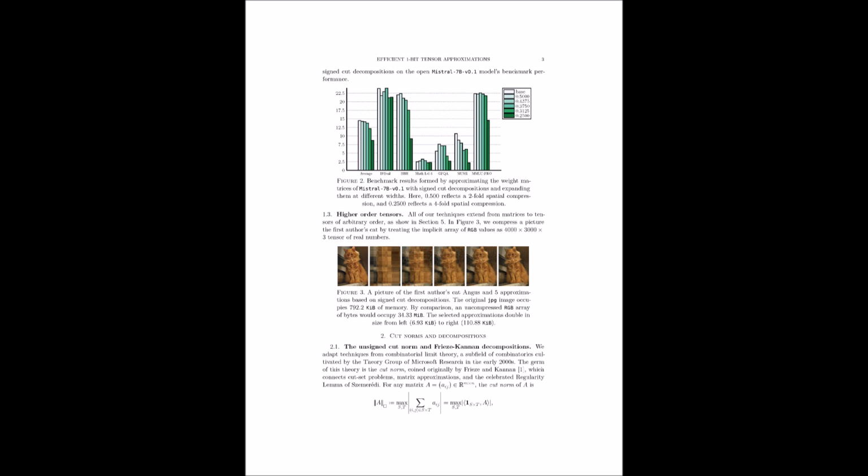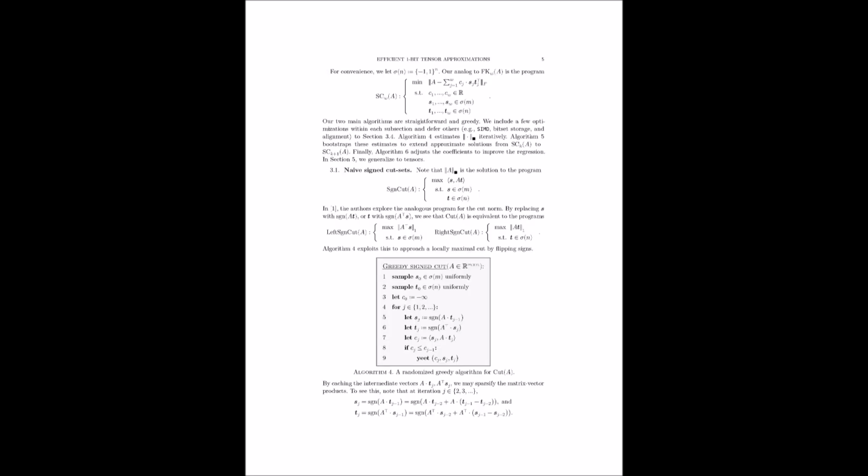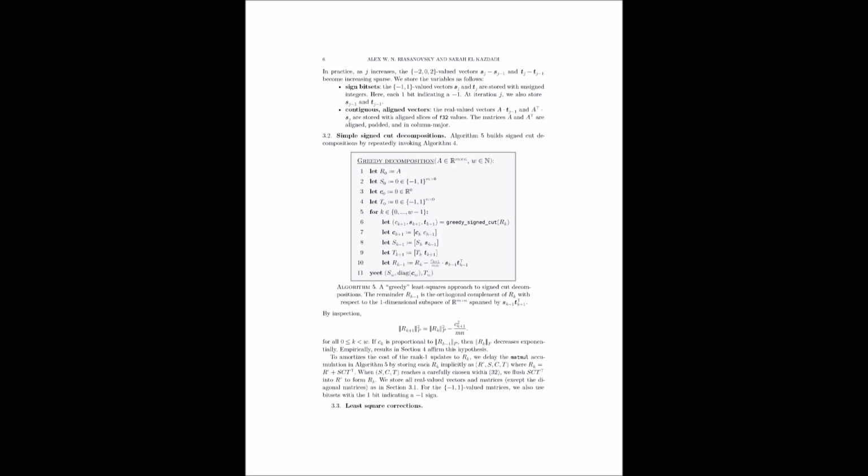So we're saying this could really speed things up, huh? But how does this signed cut decomposition actually work in the real world? It still sounds kind of magical to me. Well, it's actually pretty cool when you think about it. Imagine you have this massive spreadsheet of numbers, right? And you need to make it simpler somehow. So what they do is they find these hidden patterns in all those numbers.